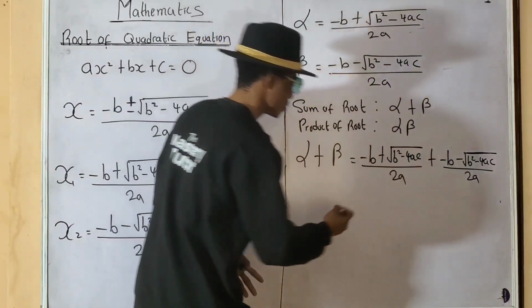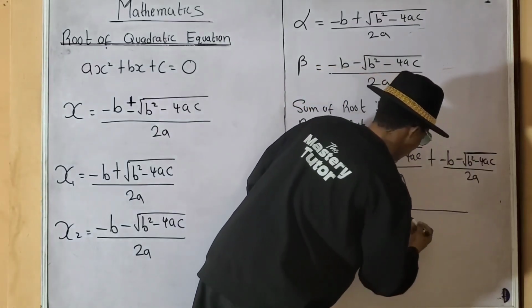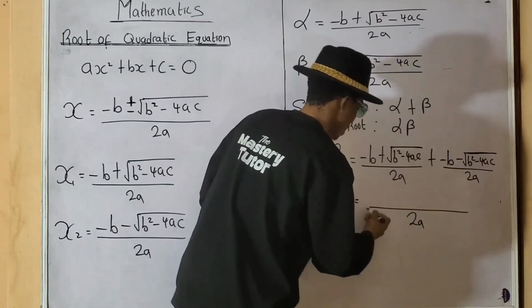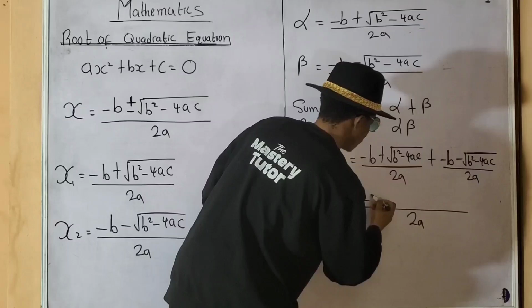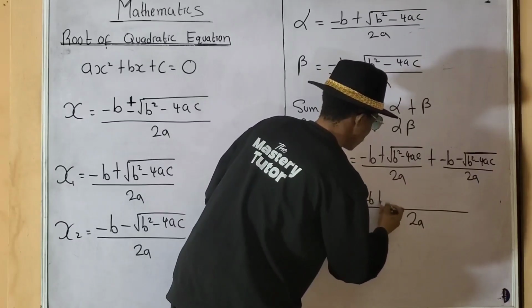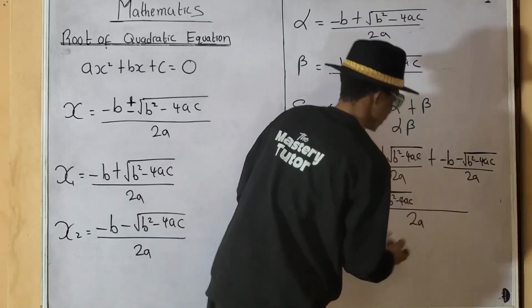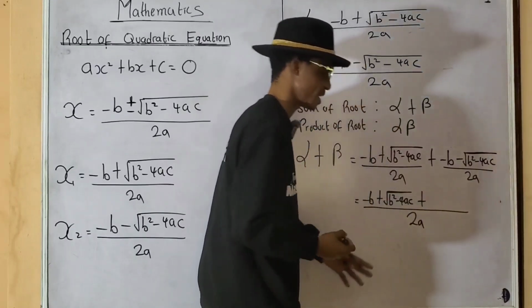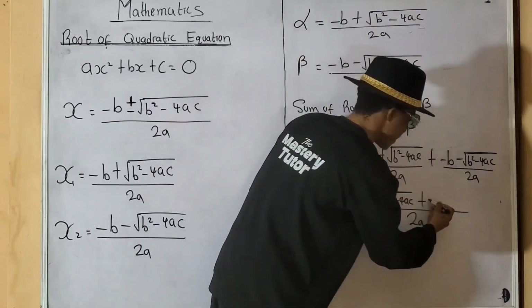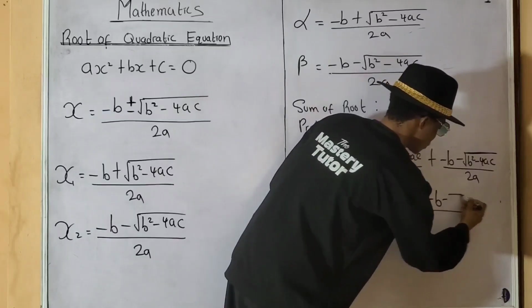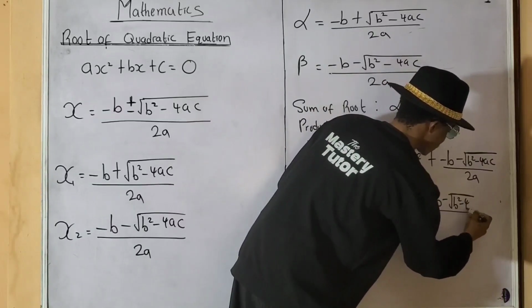Okay, now the LCM here will be 2a. So I'm going to have at the numerator -b + √(b² - 4ac) + (-b - √(b² - 4ac)).